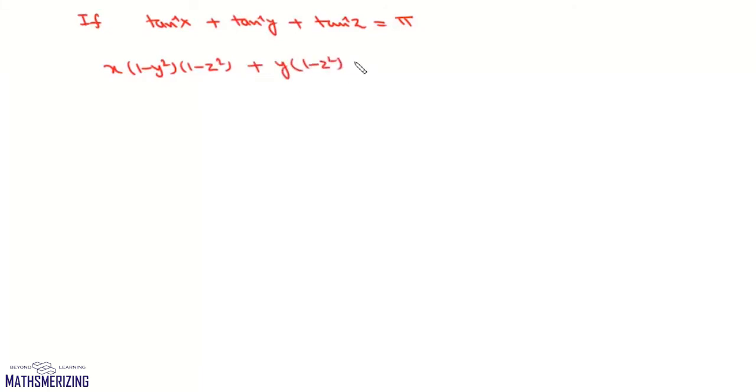Now another question could be, if tan inverse x plus tan inverse y plus tan inverse z equals pi, then prove that x into 1 minus y square into 1 minus z square plus y into 1 minus z square into 1 minus x square plus z into 1 minus x square into 1 minus y square is equal to 4xyz.